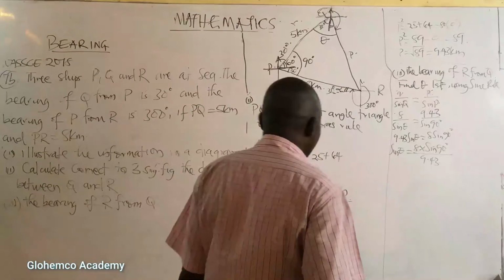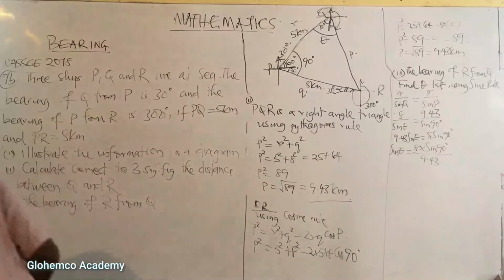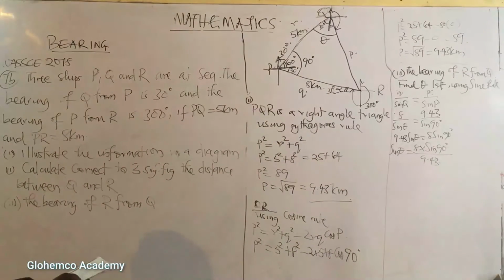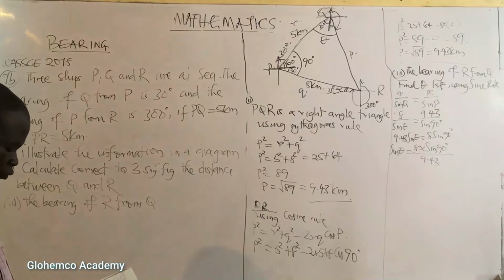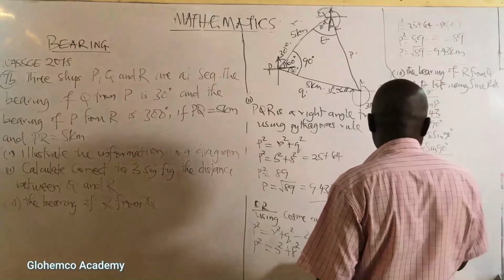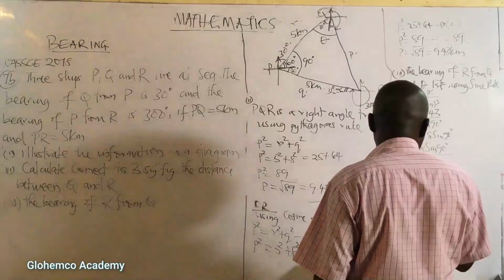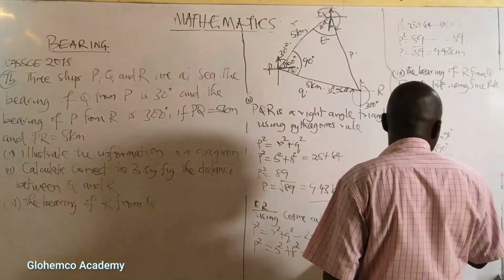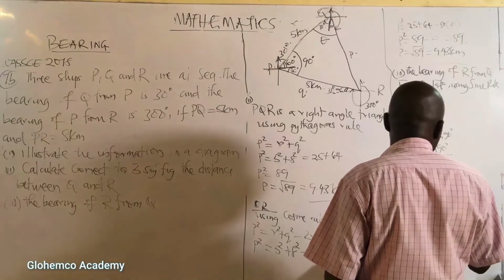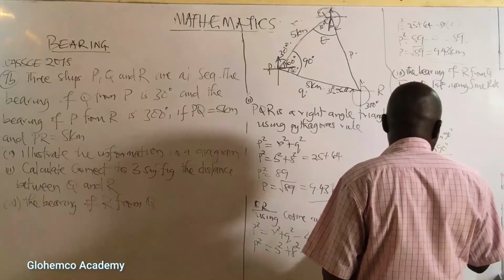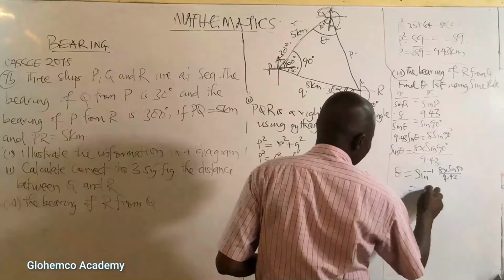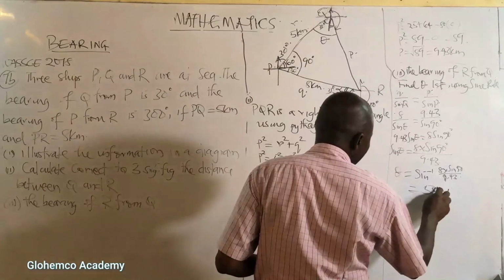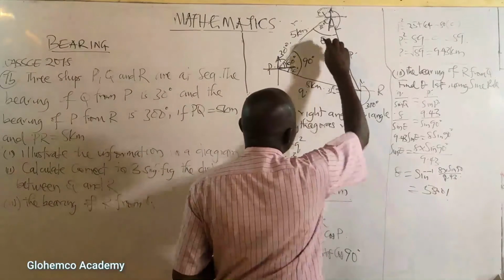Now, you use your four-figure table to find the value of theta. Our theta now equals to arcsine of 8 times sine 90 all over 9.43, which is 58.01. Now, theta is 58.01.